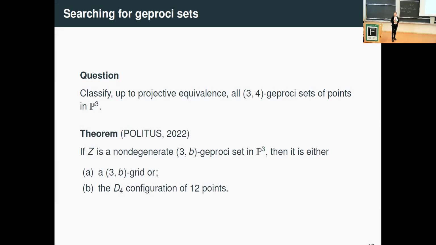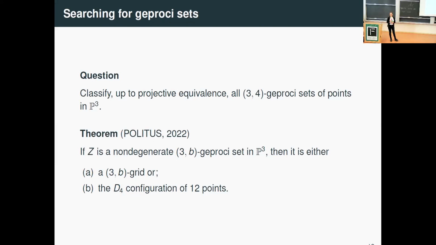And we have a theorem in the preprint from 2022 that if a set Z is a non-degenerate 3B Geproci set in P3, then there are 2 possibilities. The first one is that it is a 3B grid, and B is any number; we assume just B is greater than 3. And the other option is that it is a D4 configuration, so a 3-4 Geproci set.